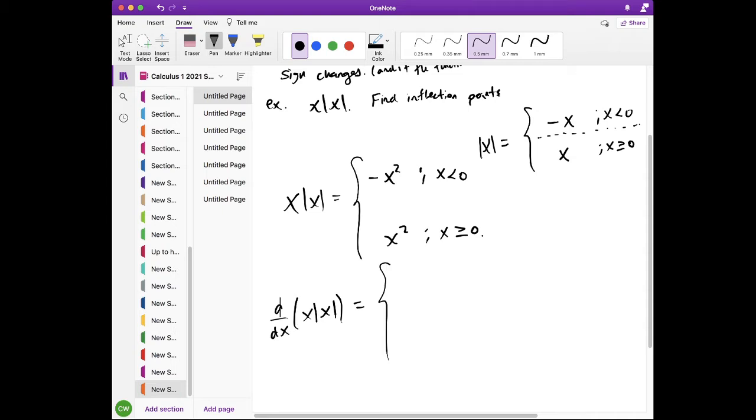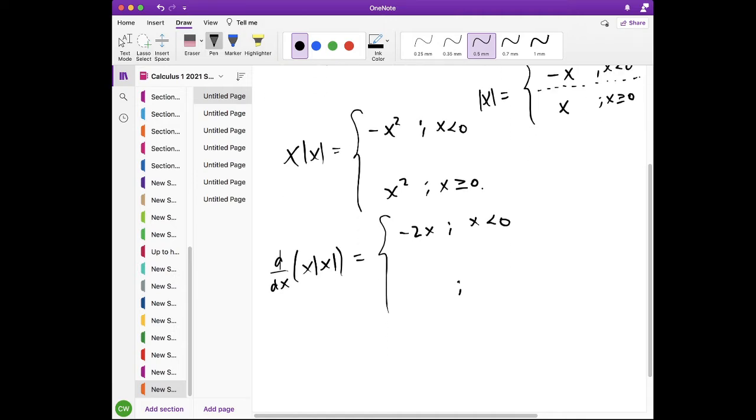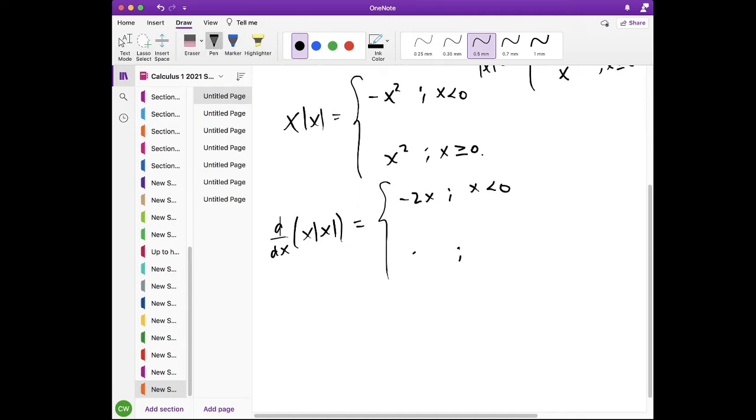Can someone tell me that? Yeah, it's negative 2x. How about when x is greater than 0? Two x.